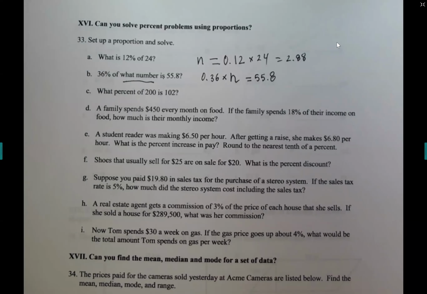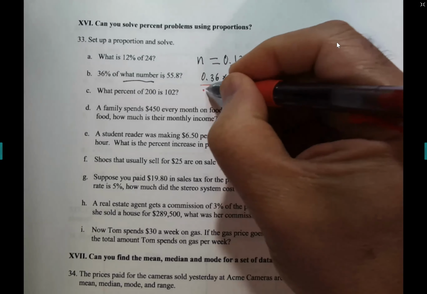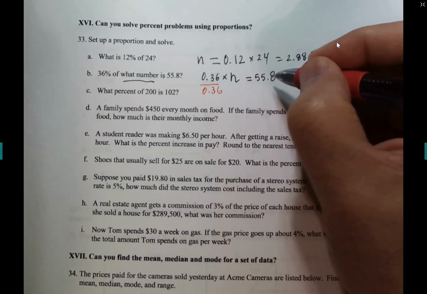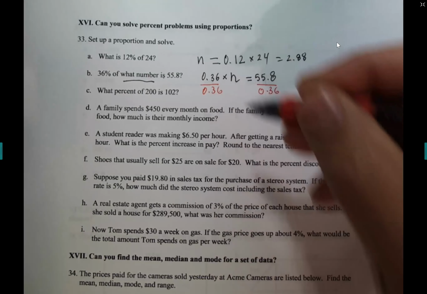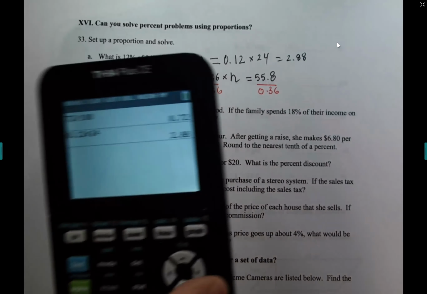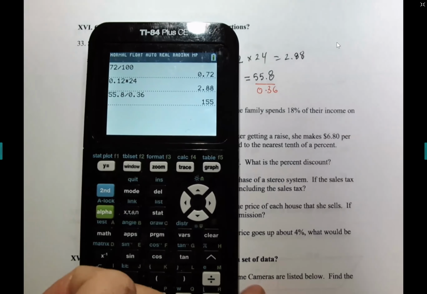Okay, how do you solve for N now? Divide by what? By 0.36 to get rid of 0.36. So it will be 55.8 divided by 0.36. I got 155.